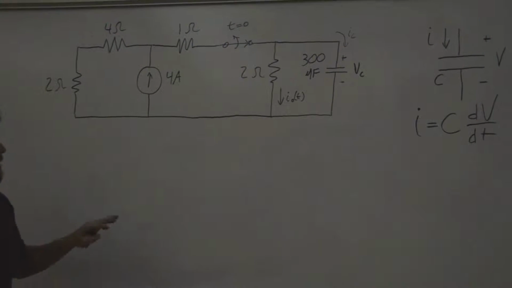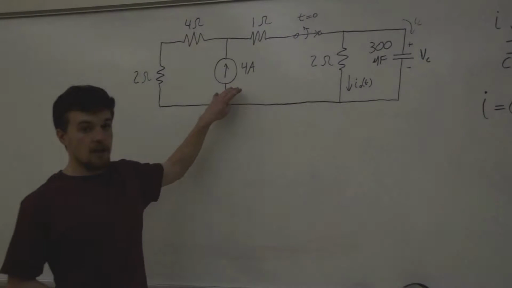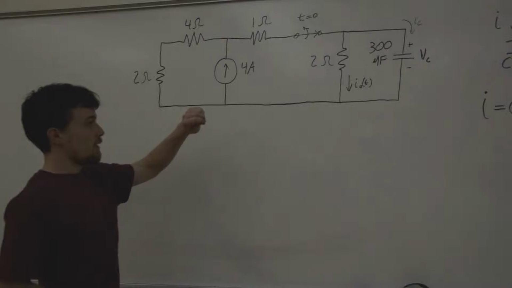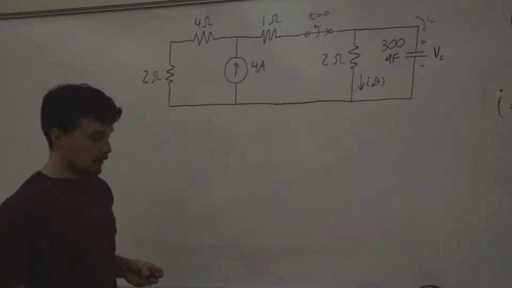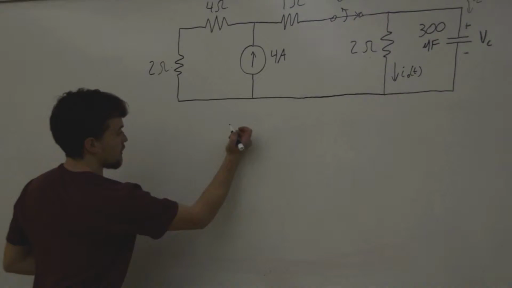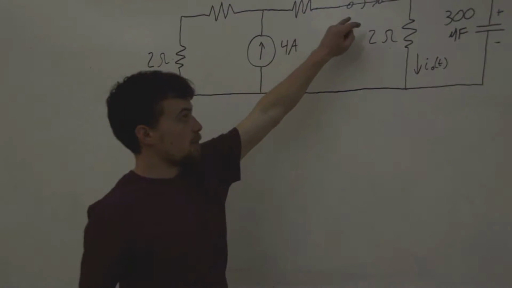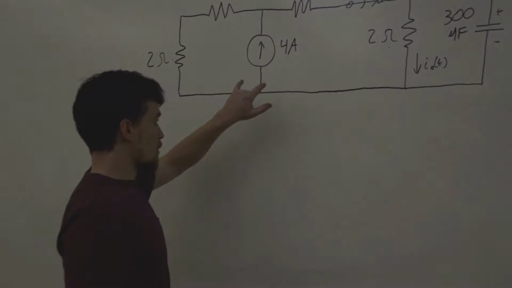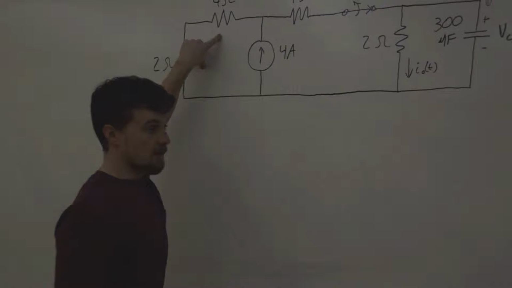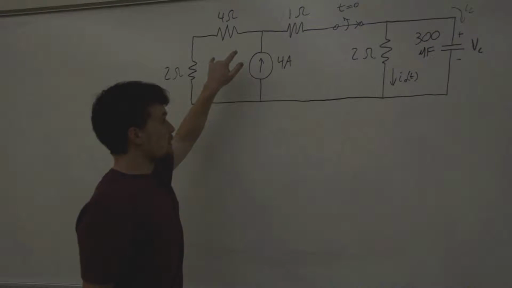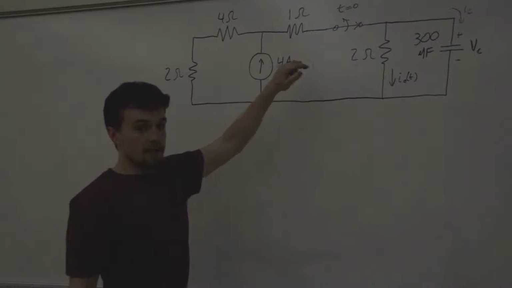We can see that we have a current source that is split up into two resistive branches. And now our current divider rule says that the current through this branch is equal to the total current times the resistance of this branch over the sum of the resistance of both of them.